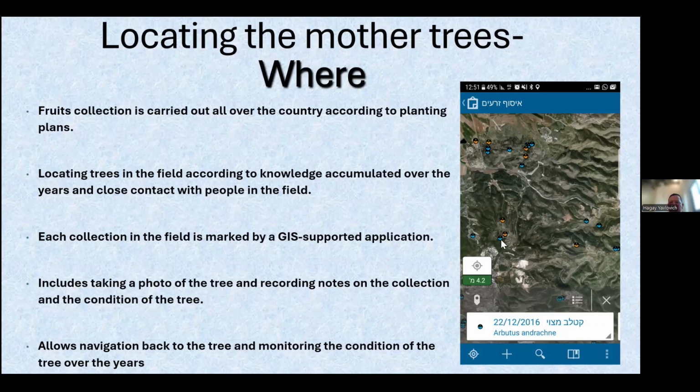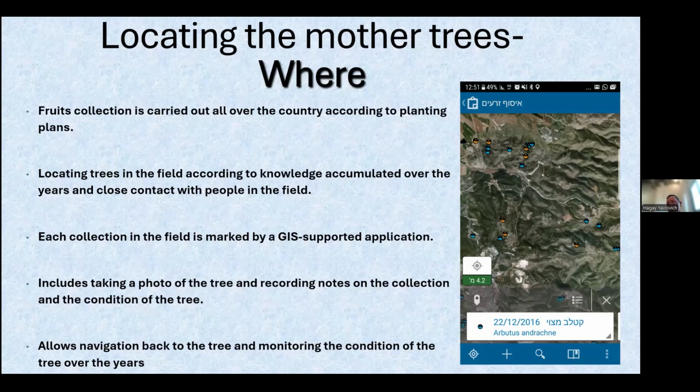As you can see here, each tree or trees or plot has a dot on the map, and at each place we collect, we even take a photo and record notes on the collection and the condition of the tree and everything.